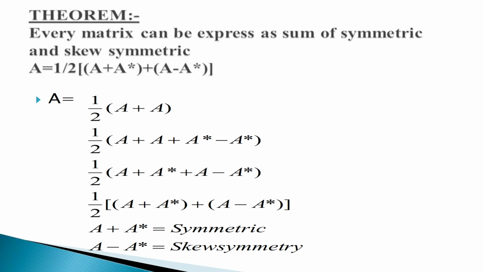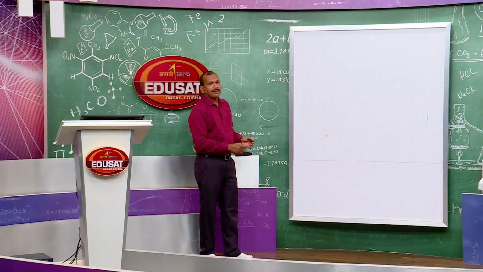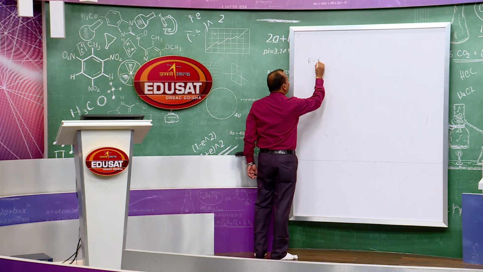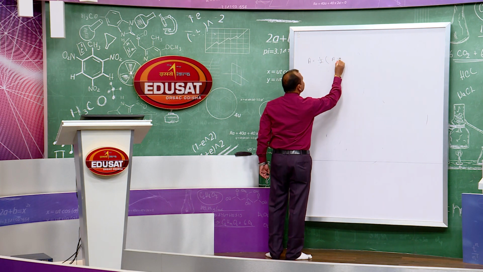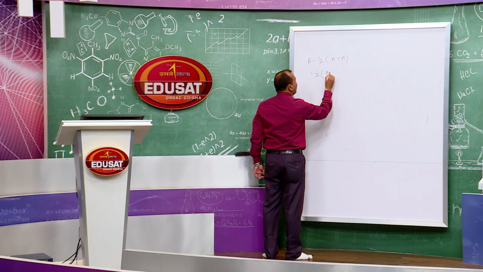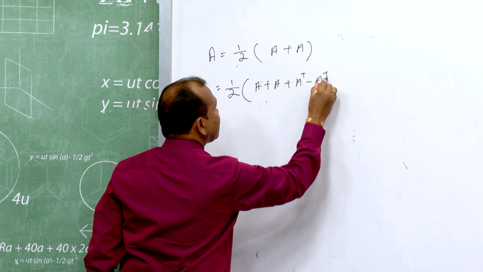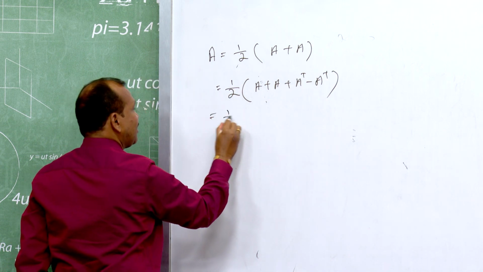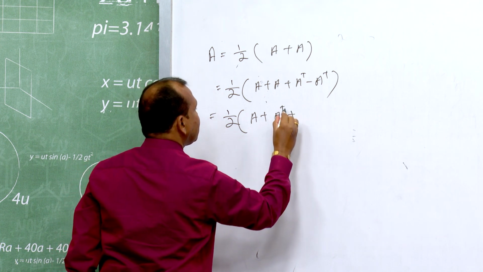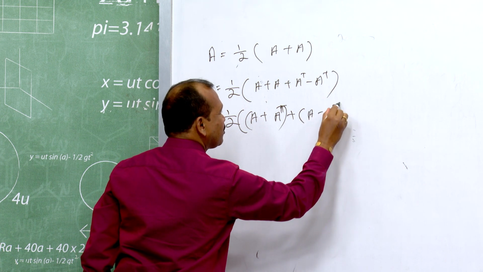Suppose A is a matrix, then A can be written as half times A plus A, that is equal to half times A plus A transpose plus A minus A transpose.